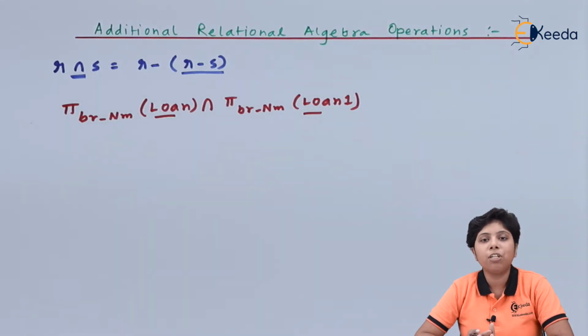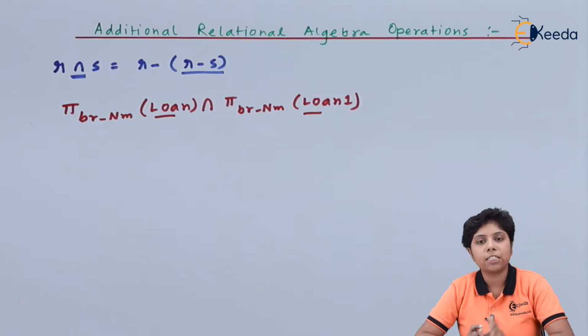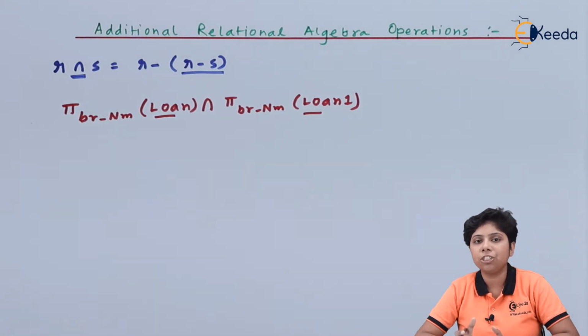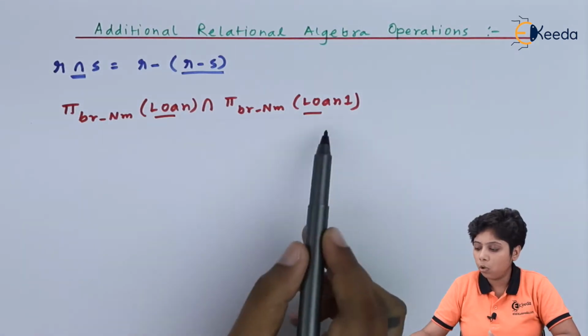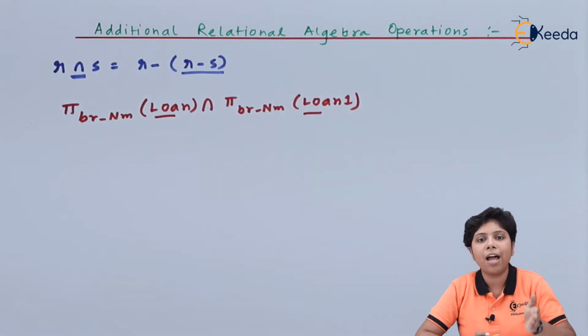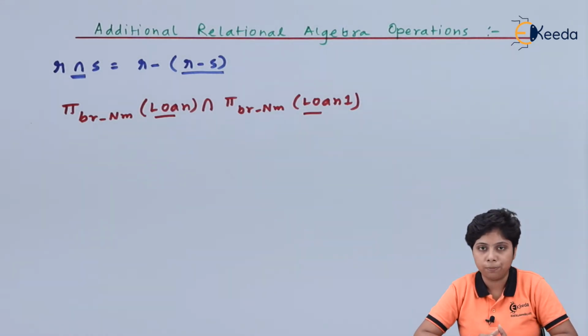We know a Cartesian product is all the possible combinations of the tuples of the relations on which it is performed. So the Cartesian product has the values present in both the left relation and the right relation. If we make a Cartesian product of loan and loan1 and then project some attributes, we have all the values of loan and loan1.